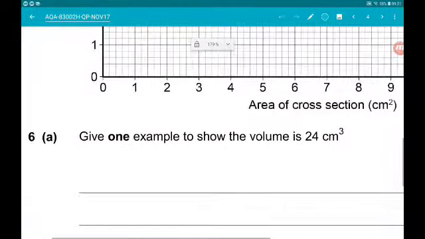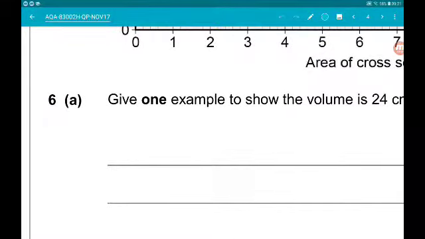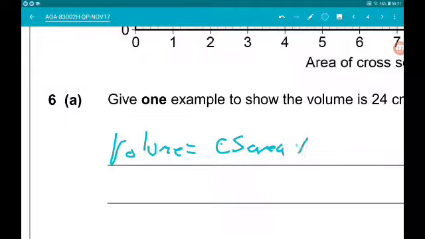Part A wants us to give one example to show that the volume is 24 centimetres cubed. So, volume of a prism is equal to cross-section area times the length.